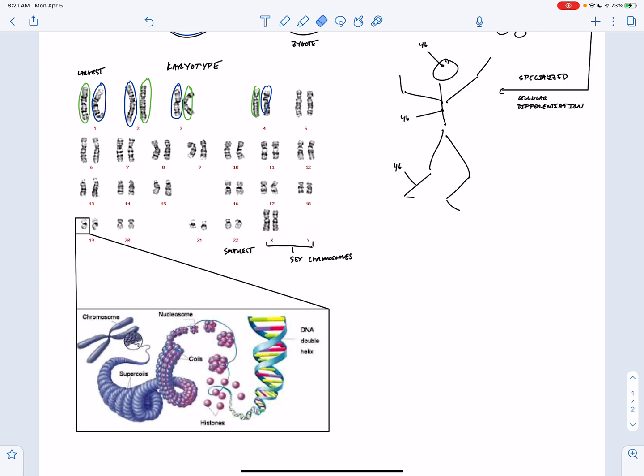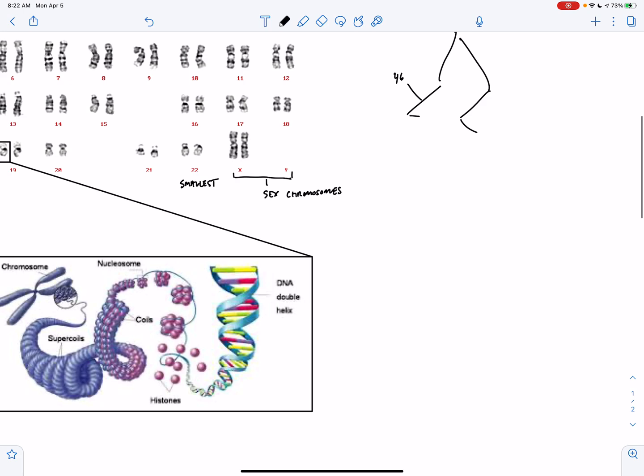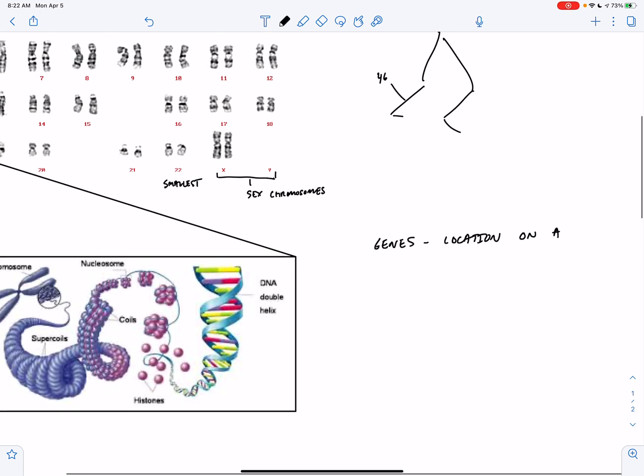What else did I want to say? Oh, yes, I wanted to talk about genes versus alleles. If you were to look at a human karyotype and compare it to another human karyotype, you would see that these two karyotypes have all the same genes. I've said this in class before, but a gene is a location on a chromosome. Because we are all humans, we all share the same genes.